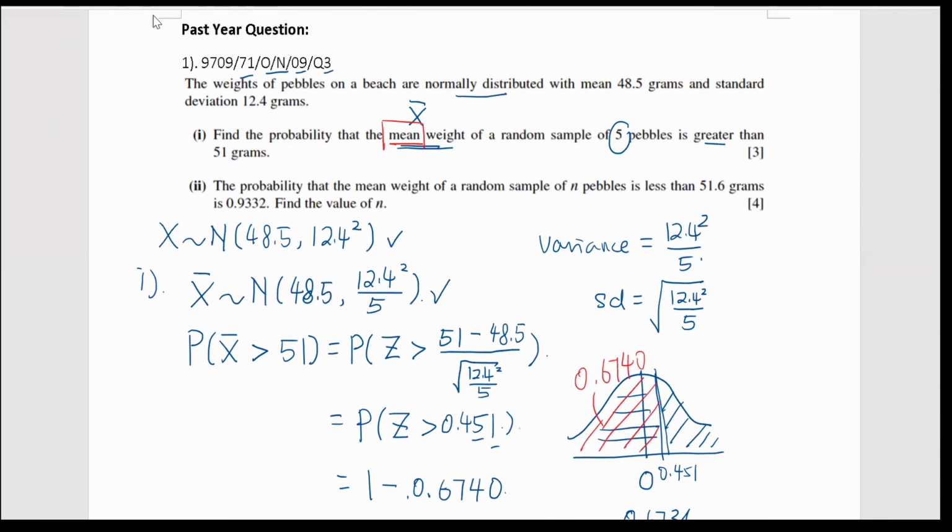Find the probability of the mean weight. Find the probability of the mean height. So whenever the question asks for the keyword mean or the sample mean, then you know we are looking at sample mean distributions. And it is a normal distribution we discuss here. So we have to perform standardization and read from the table to get the probability at the end.